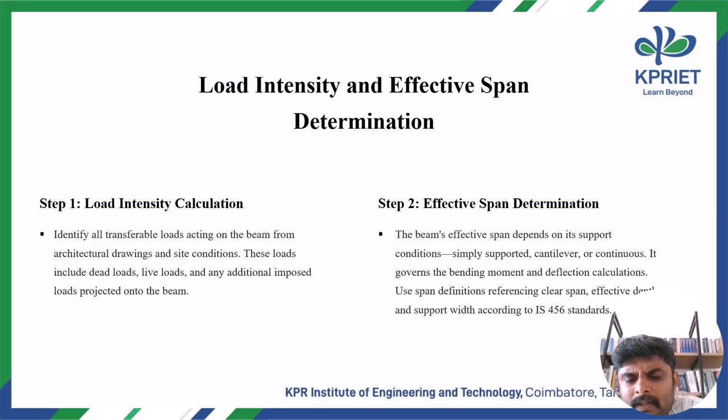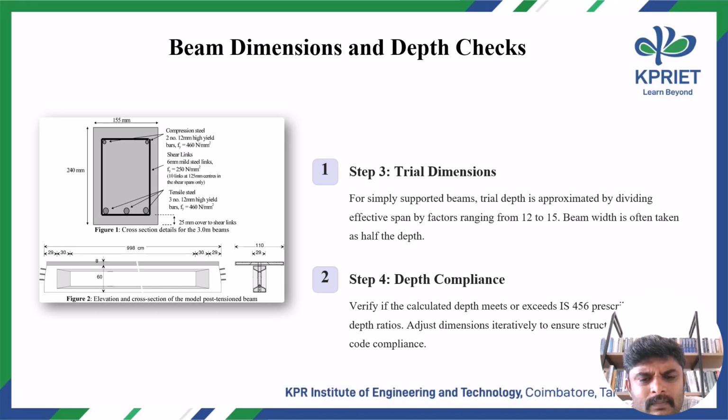The supports may be RC, reinforced concrete, or masonry. So effective span means, as per the code, the center to center distance between the supports, or clear span plus effective depth. Compare these two and take whichever is smaller. And then the dimensions.